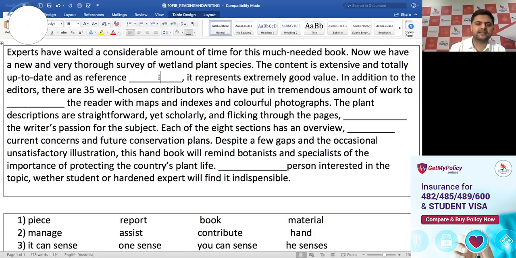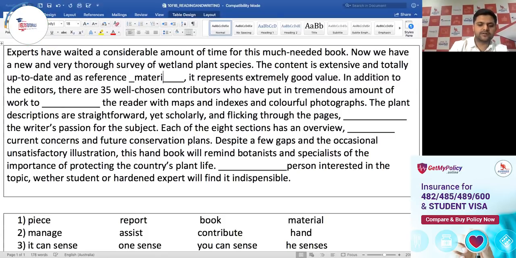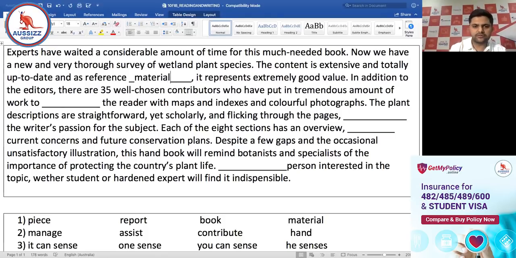The content acts as a reference material. Again, reference material is also a collocation, and that is the only word that would give meaning to this entire sentence. So the content is extensive and totally up to date and acts as a reference material.